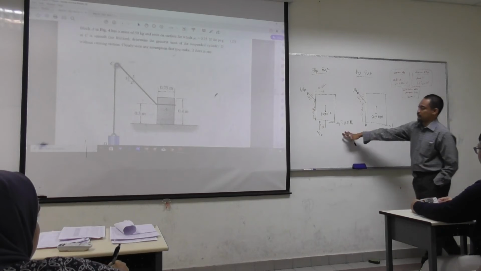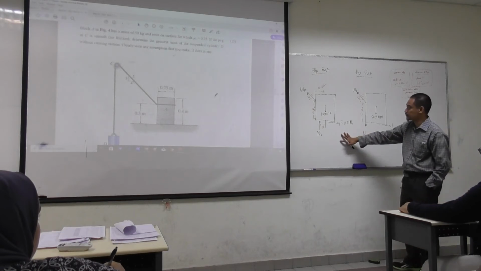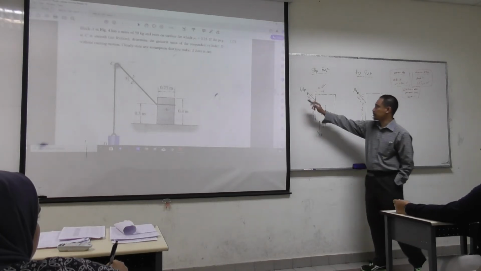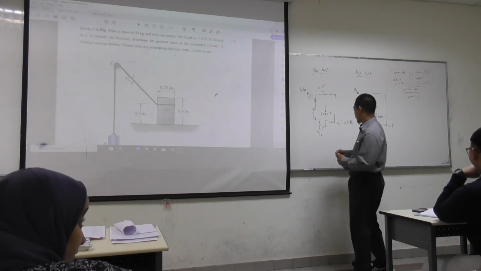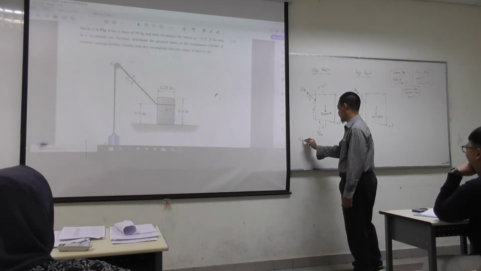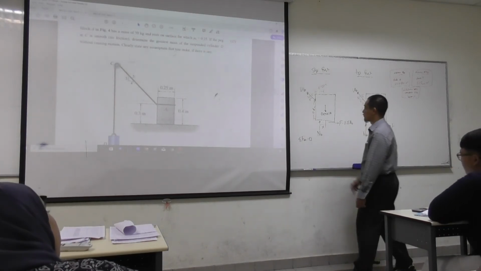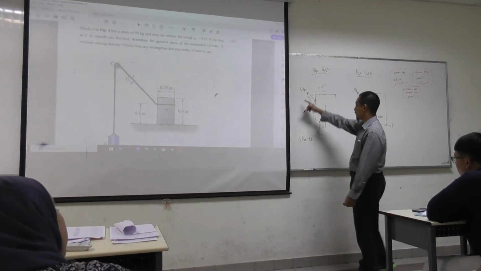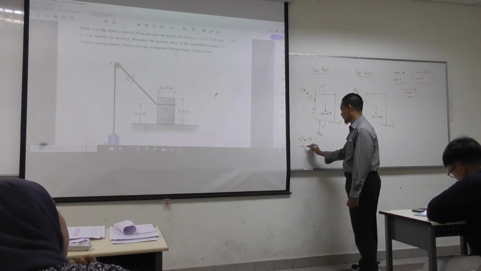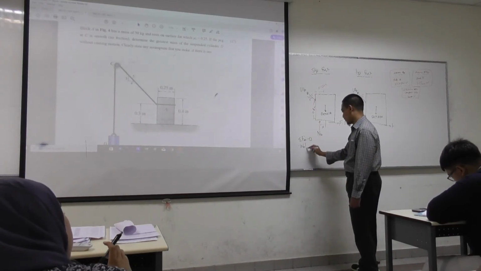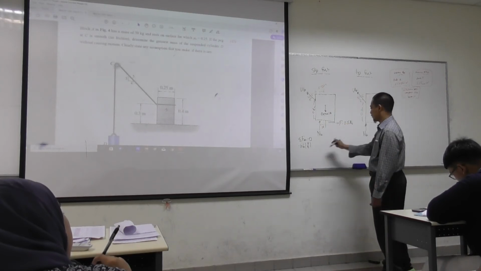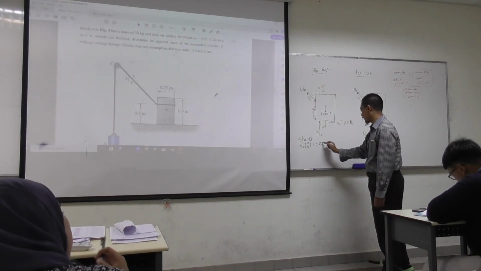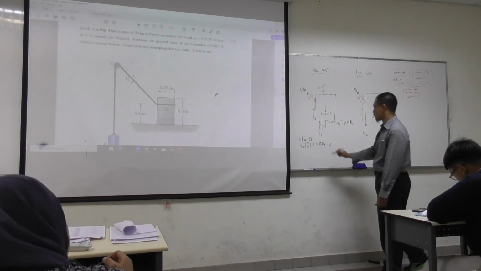Alright, so if you assume this one, what do you do? How many unknowns do you have? 1, 2, 3, right? So you can do summation of Fx equal to 0. Then you have minus WT 4/5, and then plus 0.25 NB equal to 0.